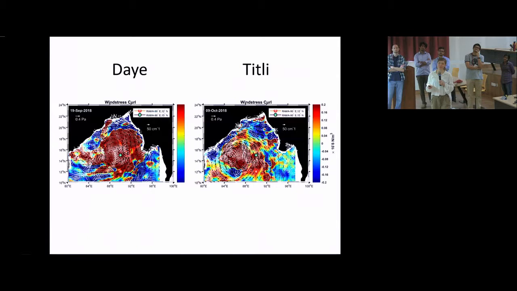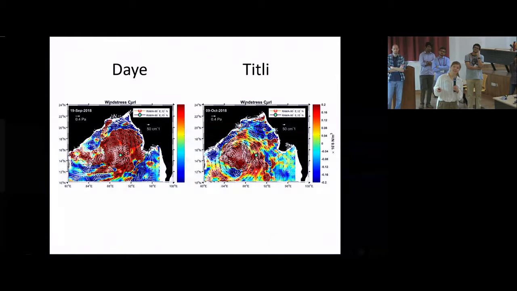All right. So another sort of satellite image of these two cyclones. During Daye, there was a really nice geostrophic anticyclonic eddy that happened right on top of our mooring. This is also very close to where the cyclone started.